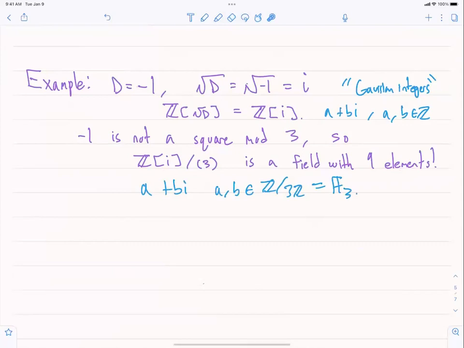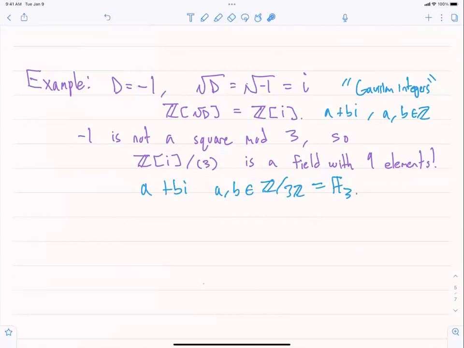If I look at all the ones where b is equal to 0, it contains the field with 3 elements, Z mod 3Z. But it's bigger, it has 9 elements. And actually, this turns out to recover the same field with 9 elements we constructed last time. We saw before that we could construct a field with 9 elements using polynomials over F3.